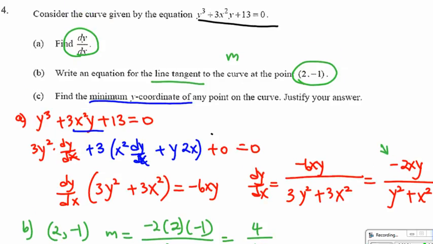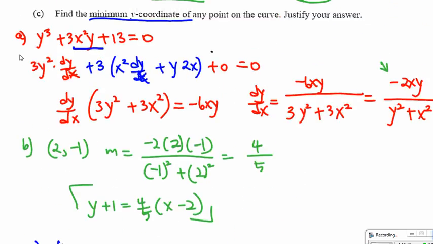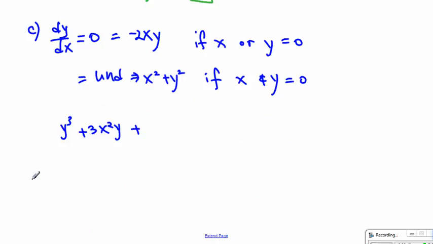So from the original equation, y cubed plus 3x squared times y, I believe the expression is plus 13, is equal to 0. If x equals 0, this middle term becomes 0.